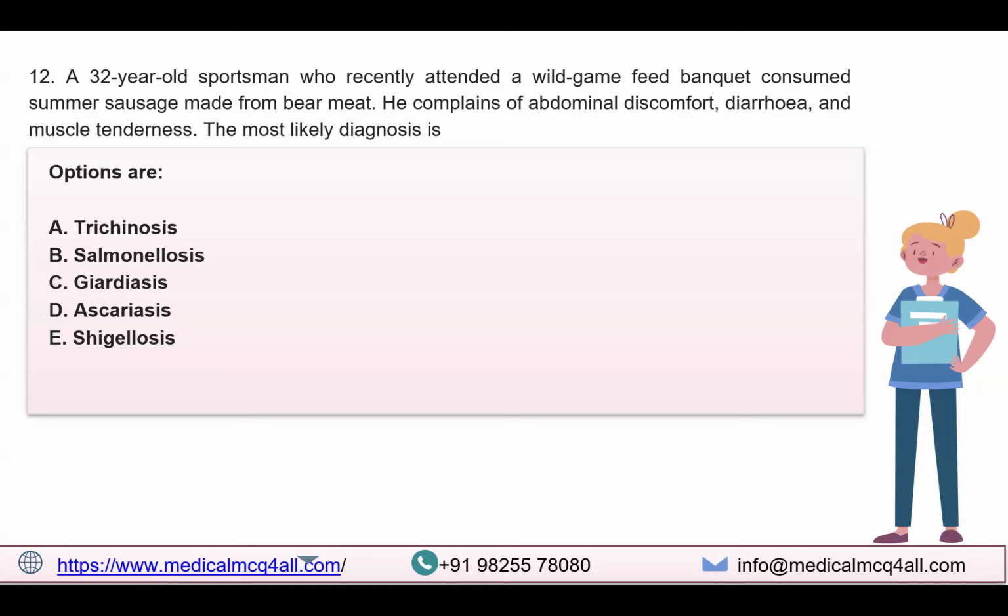The most likely diagnosis is option A, trichinosis; option B, salmonellosis; option C, giardiasis; option D, Escherichia; or option E, shigellosis. Okay, can anyone tell me your answers? It is A. You can post it in the group also.